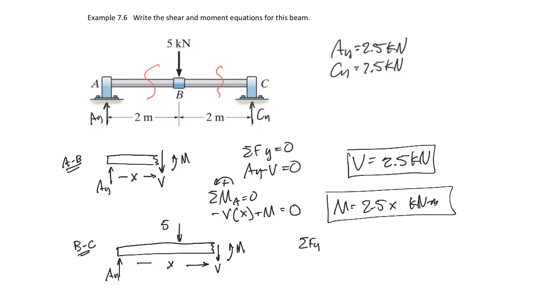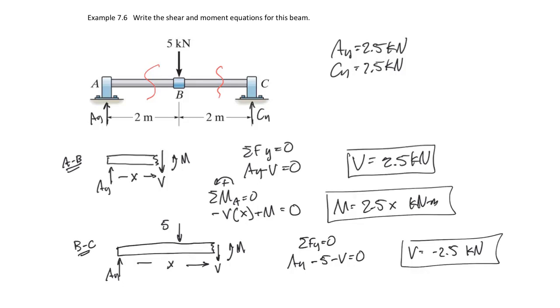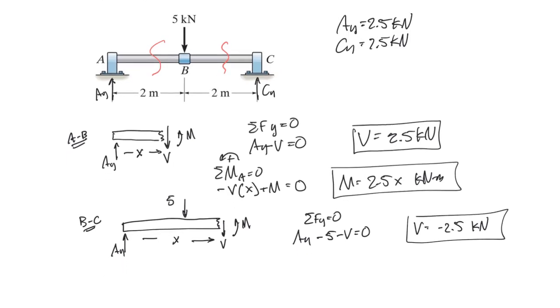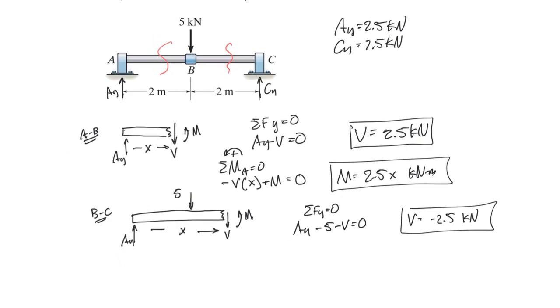Sum of the forces in the y is equal to 0. So I have AY minus 5 minus shear is equal to 0. So here it says that shear is equal to negative 2.5 kilonewtons. All right, how about the moment? Sum of the moments about A is equal to 0.